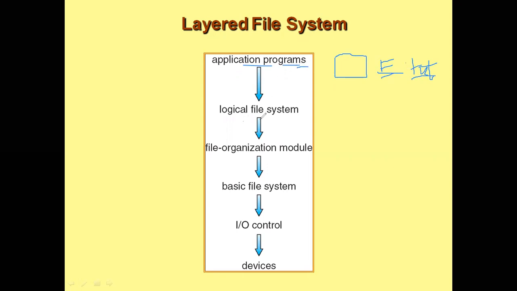Clear? Okay, now below application programs, you have the logical file system. The name of the file is given as input to the logical file system. The logical file system has metadata about the files. I hope you know what metadata is, right?